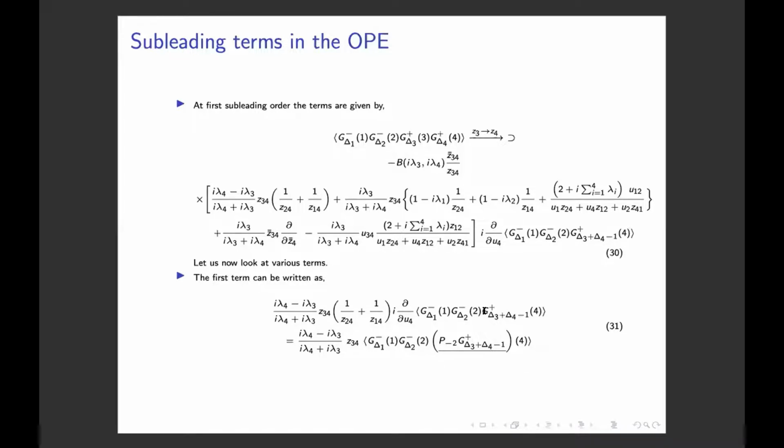But I will come to where this p minus 2 comes from. For the time being, let's just think of this as some symbol. The physical interpretation of this will come now.